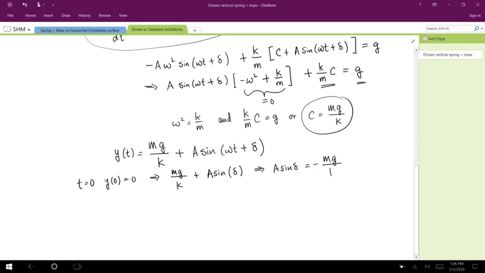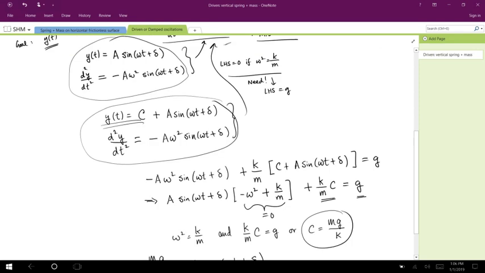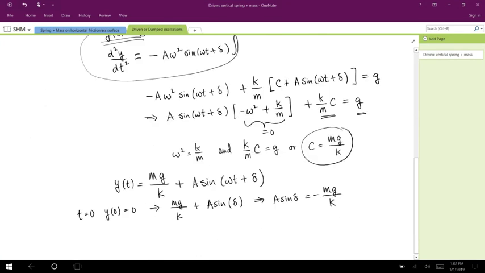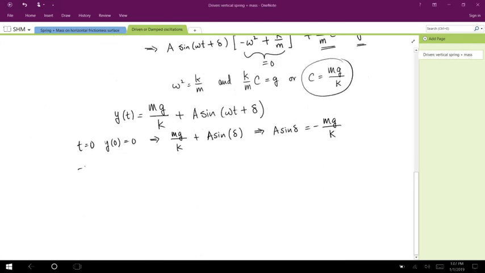So that's one condition. Another condition that we can arrive at is that at the initial instant I also let the block go on its own. So I started it off with velocity v at time t equals 0 equal to 0. So at t equals 0, dy dt, which is the velocity, is also 0.